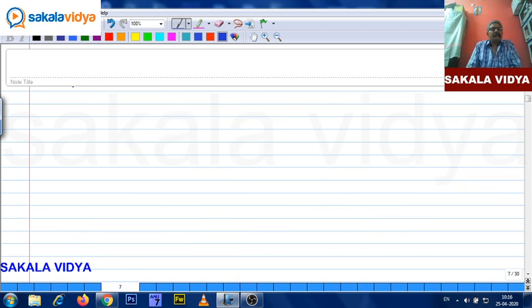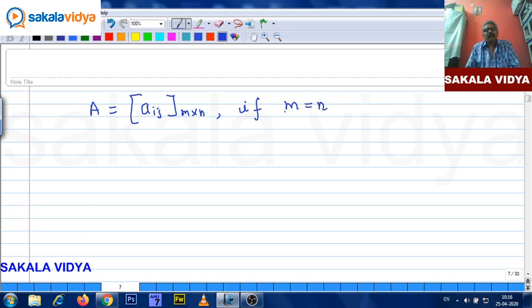Okay. Next, for example, A is equal to Aij, m by n. For example, if m is equal to n, number of rows equal to number of columns, then this A is called a square matrix.